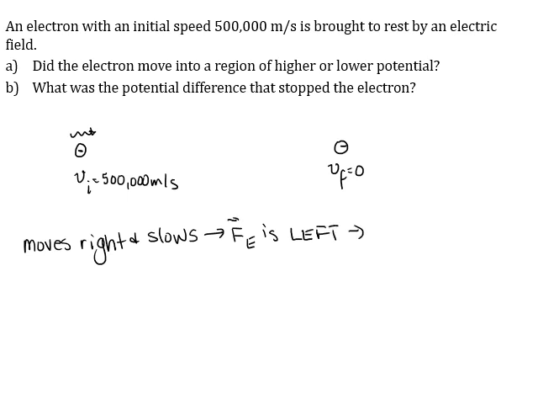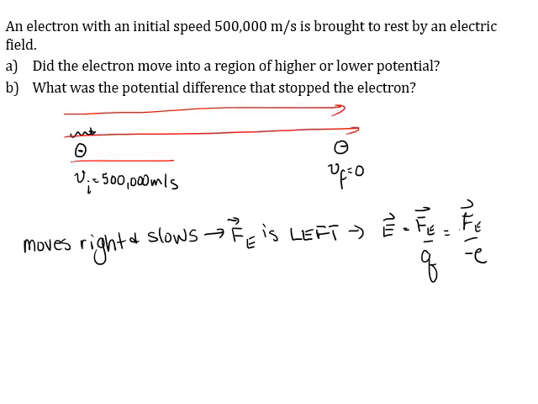If the electric force is to the left, and we know that electric field is force per unit charge, so force divided by the charge of the electron, divided by minus e. So electric field is force divided by charge. If the force is to the left and the charge is negative, the electric field must be to the right. So I'm going to draw an electric field vector here.